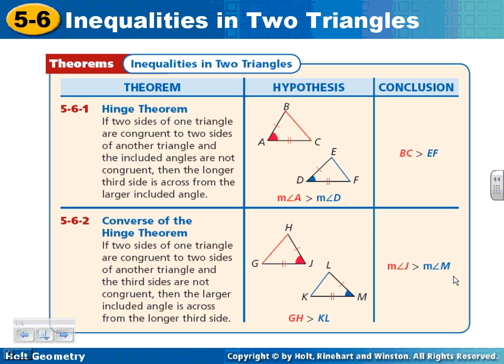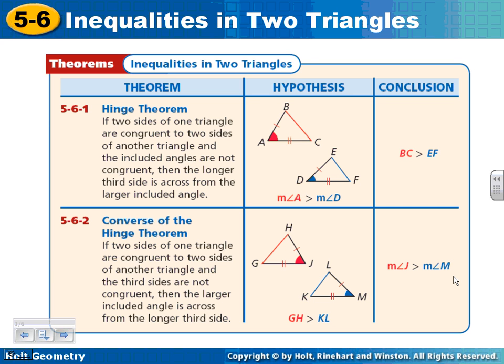This first theorem, 5-6-1, is titled the hinge theorem, and it reads, if two sides of one triangle are congruent to two sides of another triangle, and the included angles are not congruent, then the longer third side is across from the larger angle. Remember, the longer the side opposite the angle, the larger the angle. The shorter side means a smaller angle.